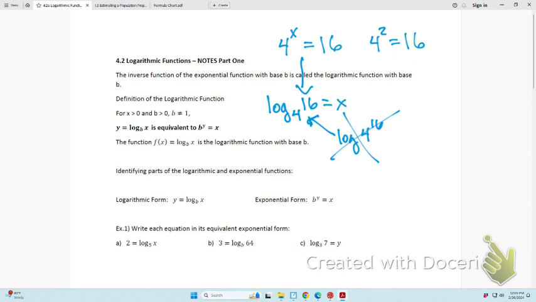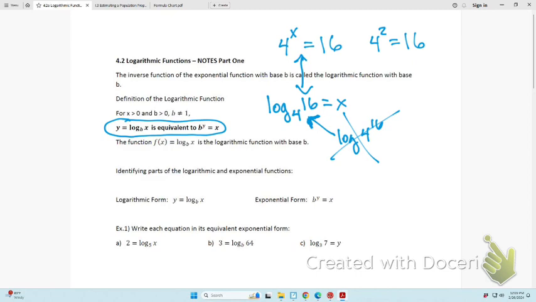This bold sentence right here, what I just wrote there with the arrow, that bold sentence is the key to memorizing and working through this.